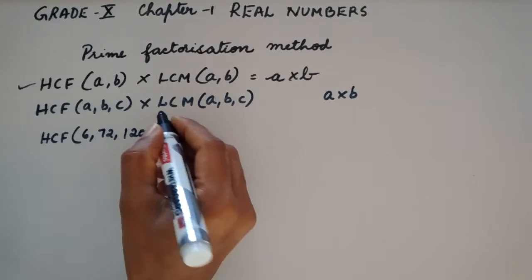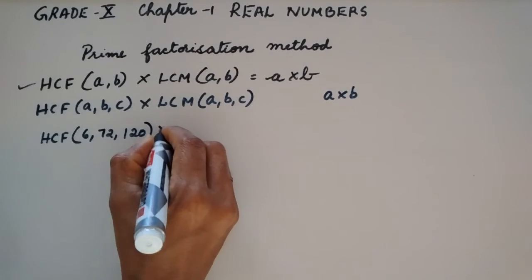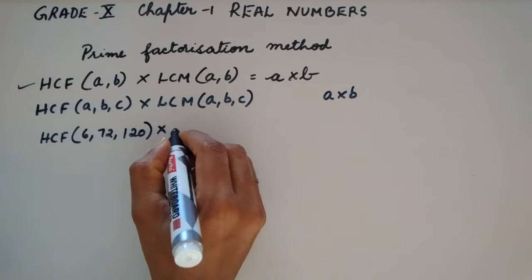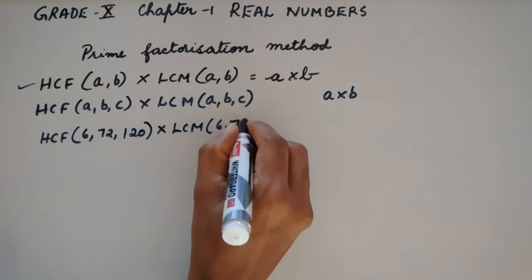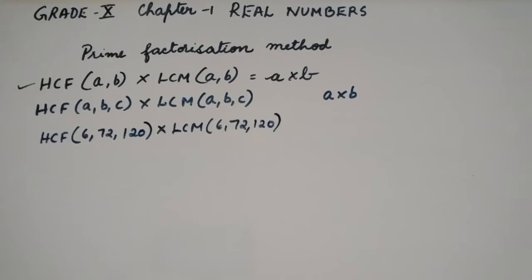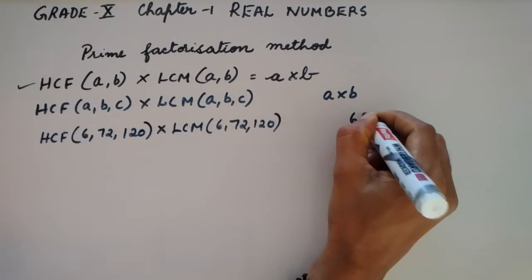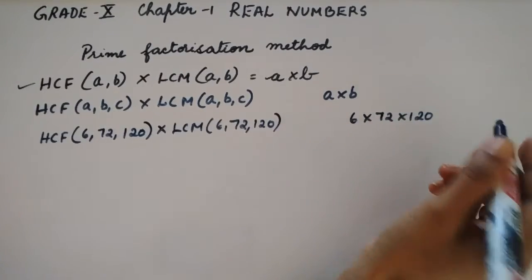Okay, the problem which we solved just now, that is HCF of 6, 72, 120 into LCM of 6, 72, 120. Okay, let us check whether this is equal to the product 6 into 72 into 120.